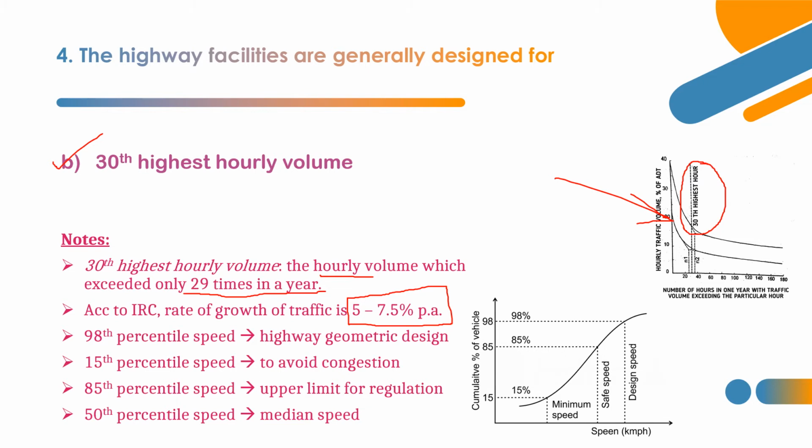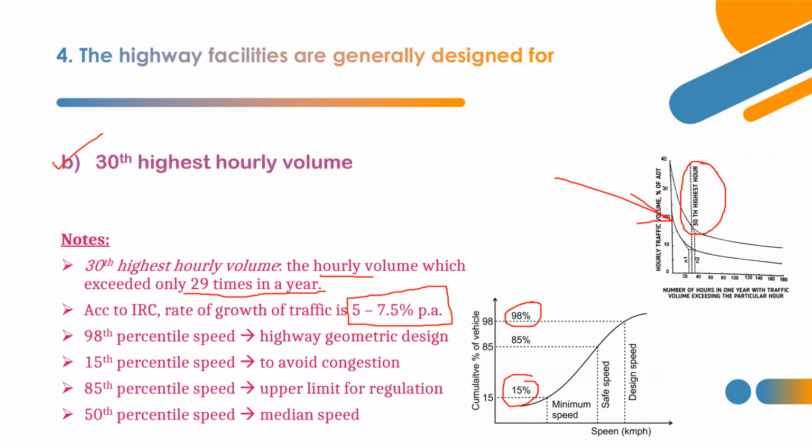The 98th percentile speed is considered for highway geometric design, and the 15th percentile speed is the minimum speed criteria that is used to avoid congestion. If the minimum speed is lower than the 15th percentile speed, then traffic congestion happens.